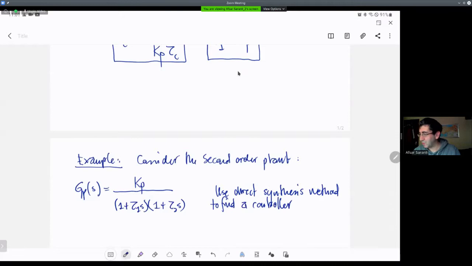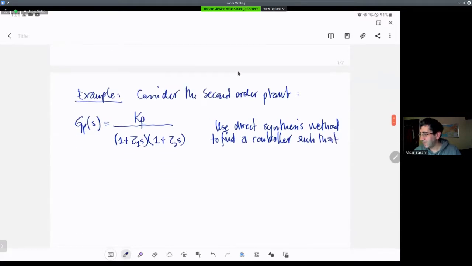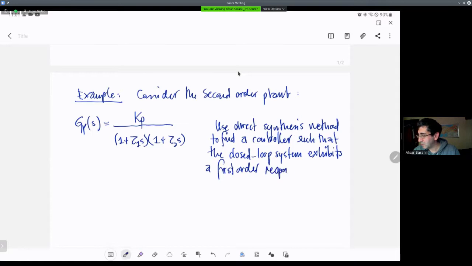such that the closed loop system exhibits a first order response with the new time constant tau c.